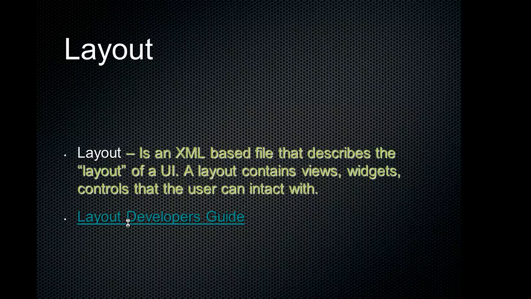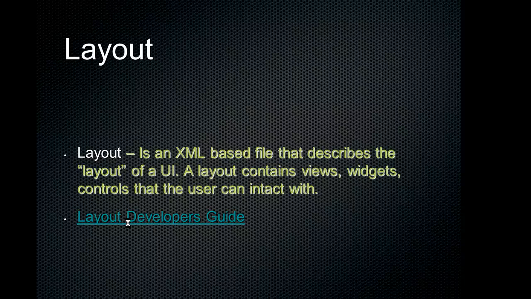The advantage is, to be honest, most programmers aren't really good at graphical design. So the advantage of having these separate is that you can have the programmer work on the activity and decide what happens when you do a button click. Meanwhile, you could have a graphical developer or a user interface expert work on the screens separately.